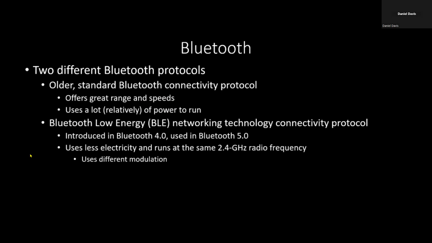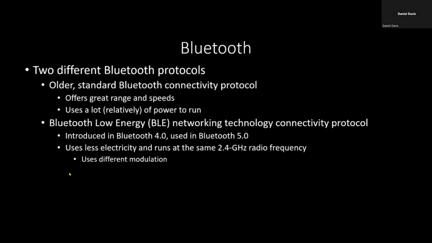For some devices, for the sake of battery life or other reasons, we may need a lower powered option to be more efficient. So we have this newer technology called BLE, Bluetooth Low Energy. This was introduced in Bluetooth 4.0. It's still used in Bluetooth 5.0. It operates at the same 2.4 gigahertz radio frequency.